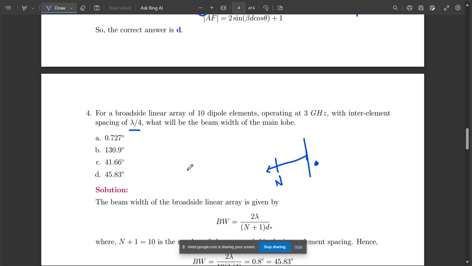The main lobe's beam width can be written as 2 lambda upon n plus 1 into d. Lambda, n plus 1 and d are given to you. Will you be able to find the beam width?